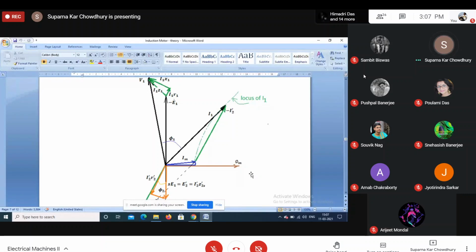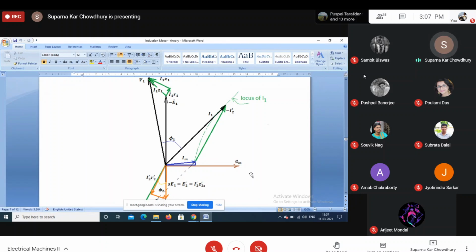So we saw that the operating principle of induction motor is very much comparable with that of a transformer, in the sense that a transformer is a single phase device. It has two windings, primary and secondary.